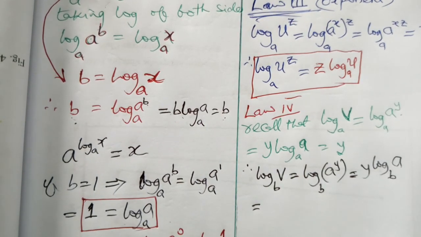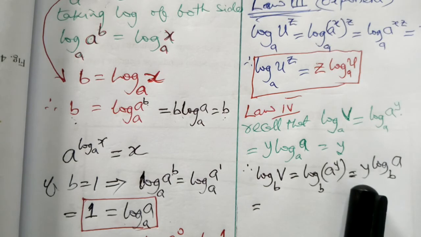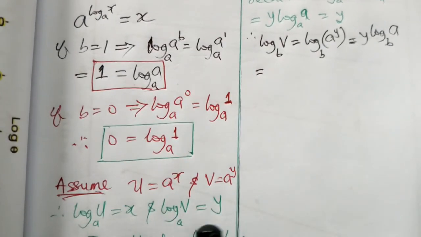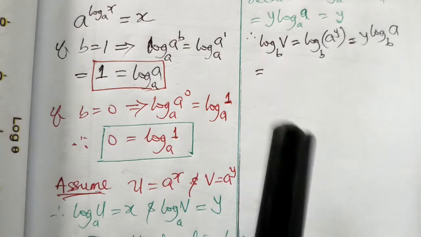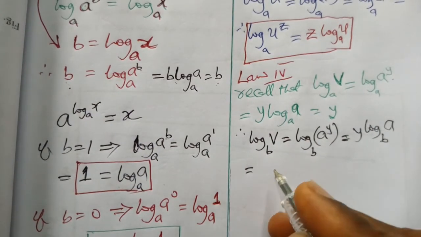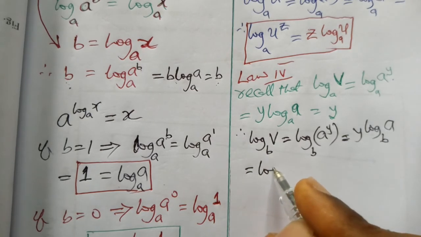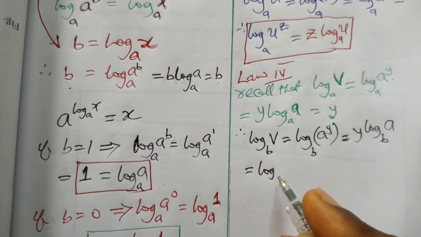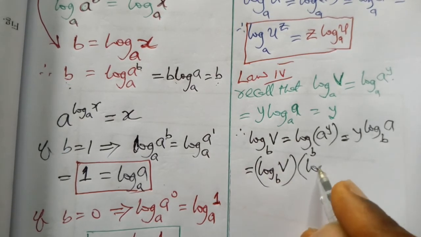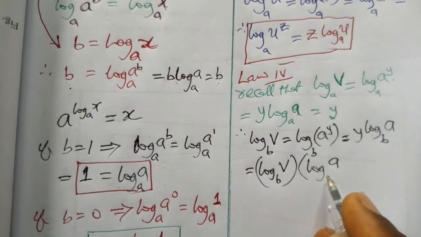So if we substitute for y into that equation y that we have gotten before, if we put y is equal to log v base a, it will be log v base b times log a base b.